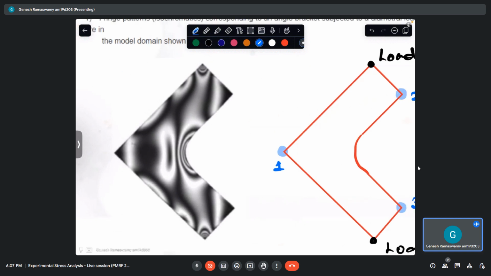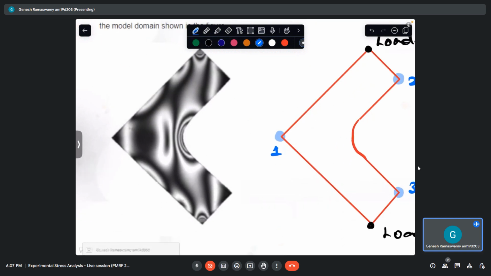Now, let us look at some other nuances. We can see that here in this case we have a fringe like that, and then another fringe like that, and then we have a blob. So, what this is telling us is, even in the case of a ring, as we load it, the fringes keep accumulating at one point, but the isochromatic fringe at that point does not disappear, only the fringes get concentrated towards that zone.